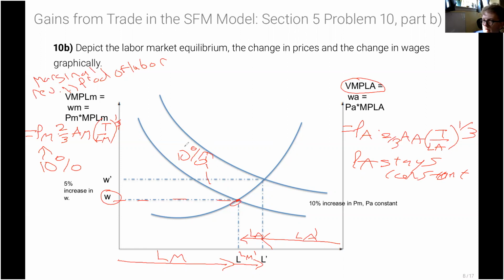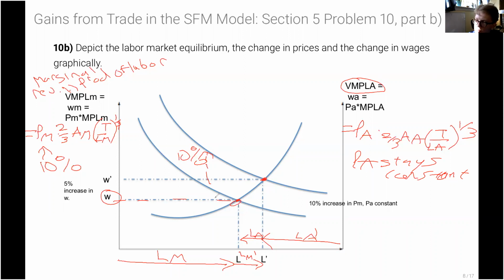Effectively, the increase in price in manufacturing, which was caused by the opening of Japan to trade, shifts up the value of the marginal product of labor in manufacturing. And now, like before, we reach a new equilibrium where the same wage, which is now 5% higher, as we showed earlier, must be paid in both industries.